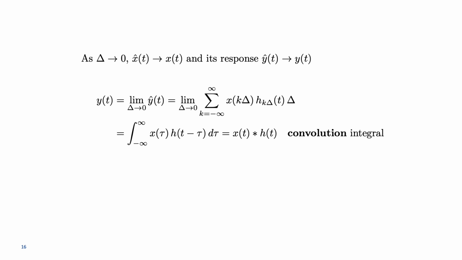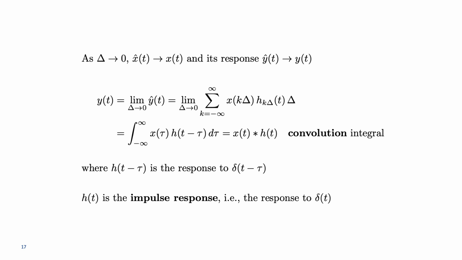It plays a very important role because, given an input of a system and given h of t, which we will define, it tells us what the output is going to be. So in this integral in particular, h of t minus tau is the response to an impulse, delta of t minus tau.